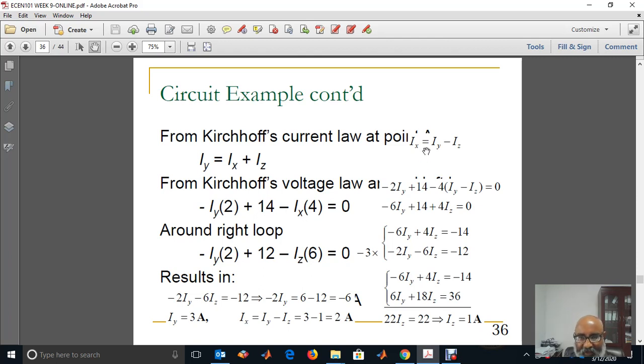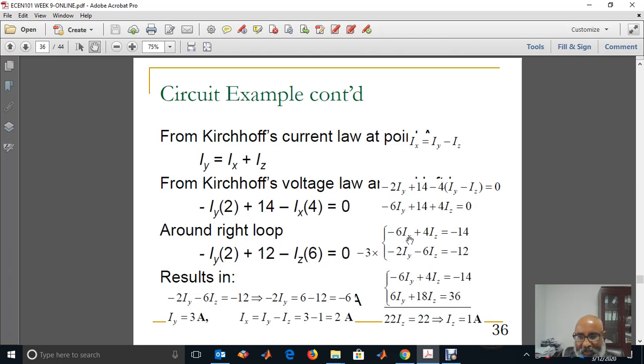So here that's what I did. Ix is Iy minus Iz. I substitute for Ix in this equation: minus 2Iy plus 14 minus 4 times Iy minus Iz is equal to 0. If we simplify this, we have minus 6Iy plus 14 plus 4Iz is equal to 0.